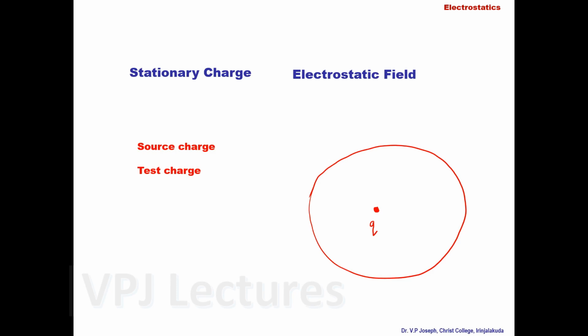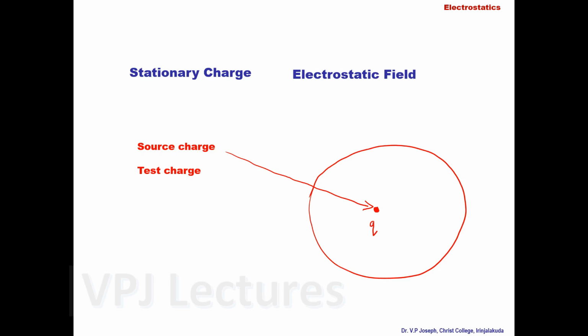The electric field region will always be a static one, there is no change. And if we measure the electric field at some location, its value also will be constant. The charge placed, which is responsible for the electric field, is taken as the source charge, and usually we represent it with the letter small q.